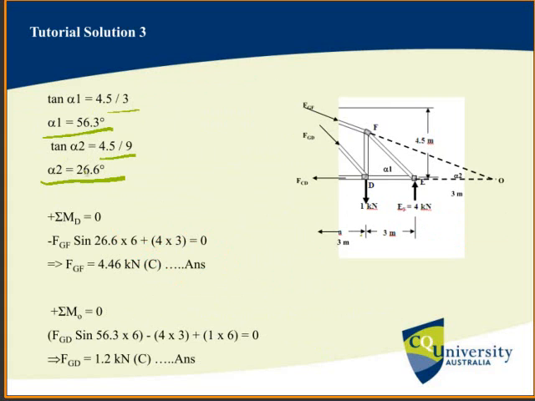And now taking moment at point D, FGF equal to sine 26.6, because we are considering only the vertical part of this force FGF, into 6, because we consider the moment at D, and the direct force 4 kilonewton into 3, this distance.